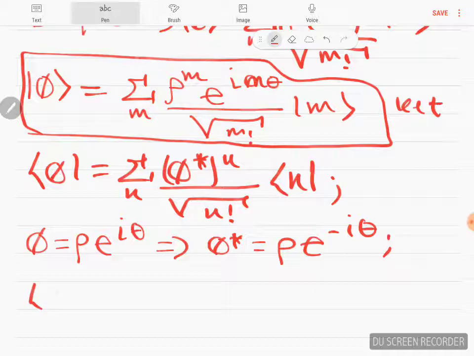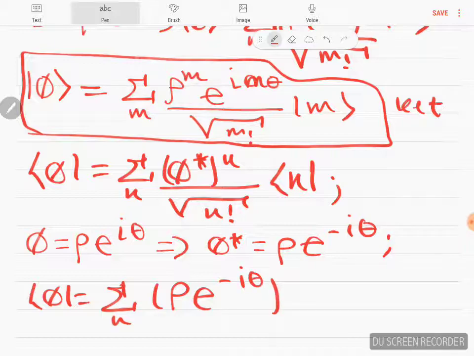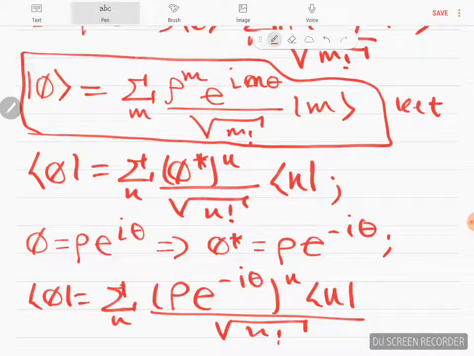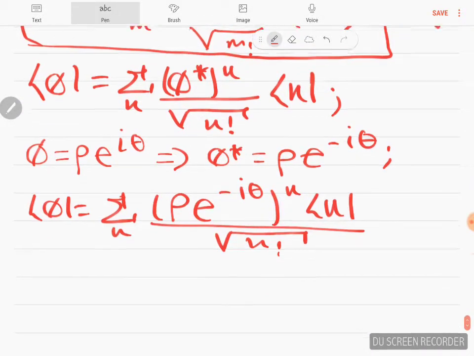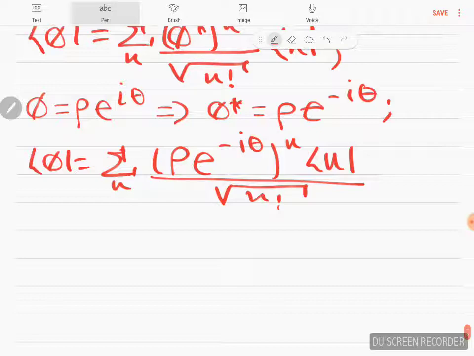Then the bra coherent state is equal to the summation over n of rho e to the minus i theta to the power of n, times the bra state n, divided by the square root of n factorial.